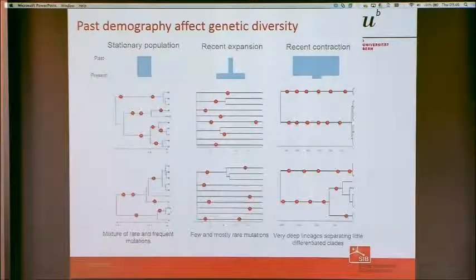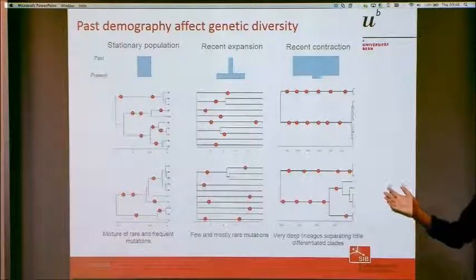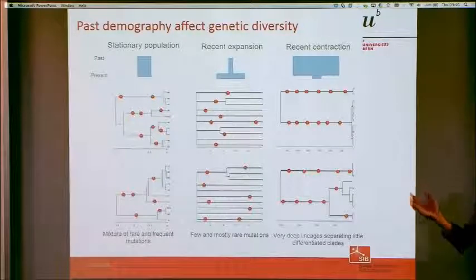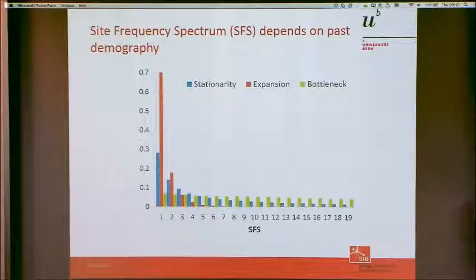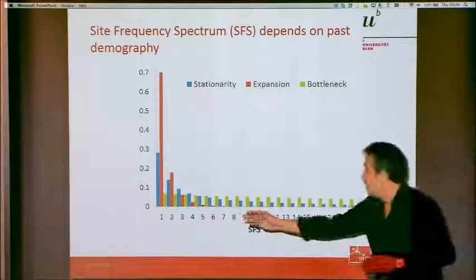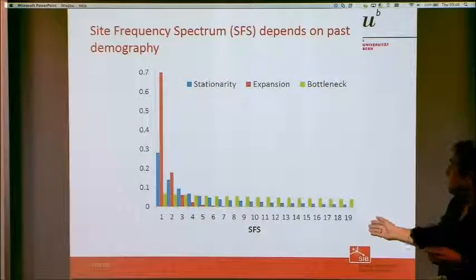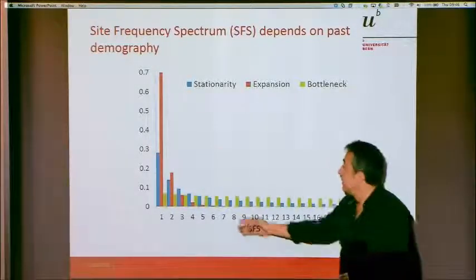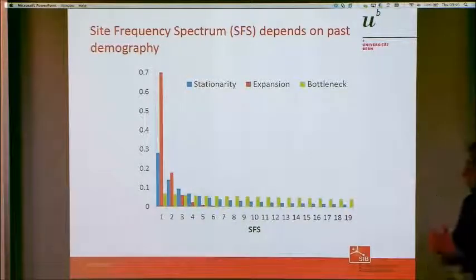So one thing that you can do is to try to summarize the pattern of diversity by just looking at the distribution of the allele frequencies in a population, and that's what is usually called the site frequency spectrum. So on this axis, you have the frequency of the different mutations, the allele frequencies, and here it's the number of sites at which you see this kind of allele frequencies.